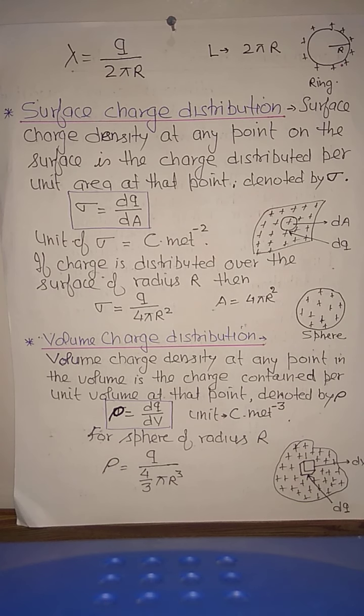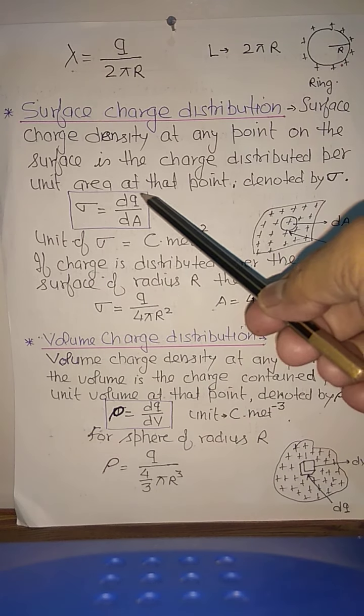The surface charge density at any point on the surface is the charge distributed per unit area. And therefore surface charge density is denoted by sigma, and sigma is equal to dq upon dA.